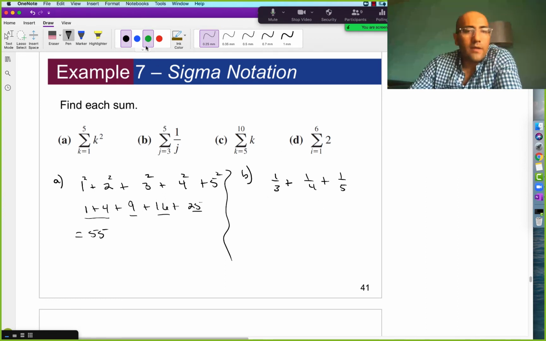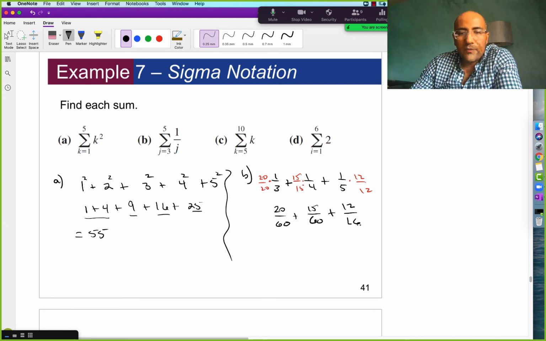So multiply this by 20 over 20, multiply this guy by 15 over 15, multiply this guy by 12 over 12. So we'll get 20 over 60 plus 15 over 60 plus 12 over 60. Good. That's 47 over 60.